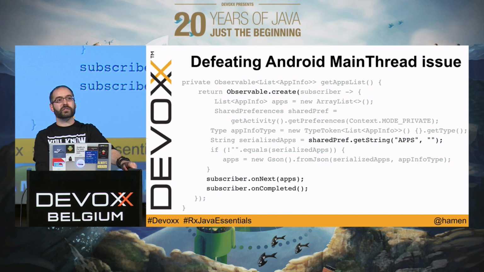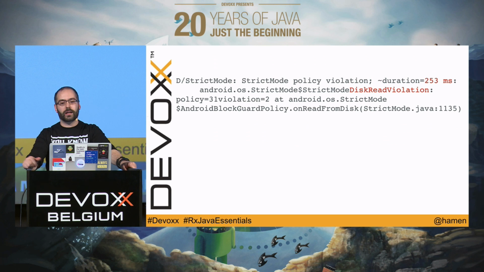Then we enable strict mode. Strict mode is a useful tool on Android that gives you a kind of reality check about how you suck being a programmer, because it reports strict mode violations. In this case, disk read violation.